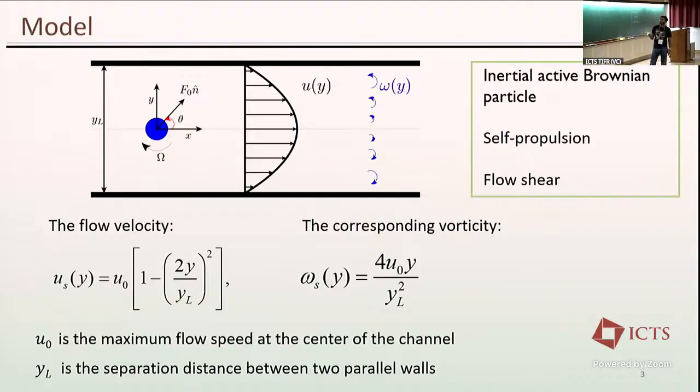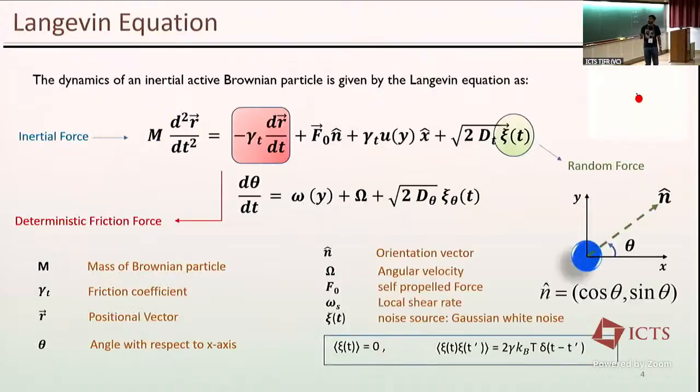Because of this, it creates a shear, which is weaker at the center of the channel and stronger at the channel walls. This shear tries to rotate the particles. So here we have self propulsion, Poiseuille flow, and local shear induced rotation, and they are competing with each other.